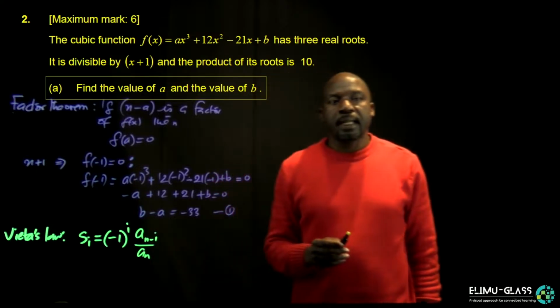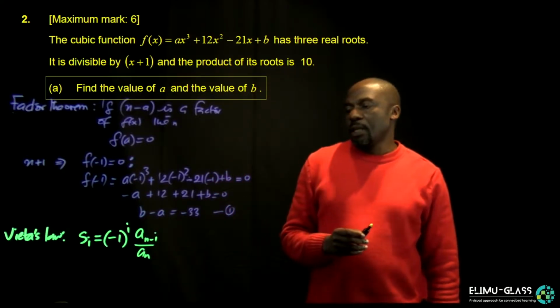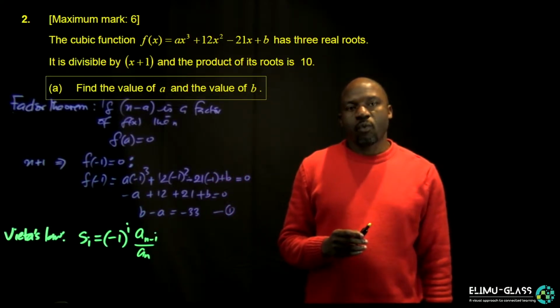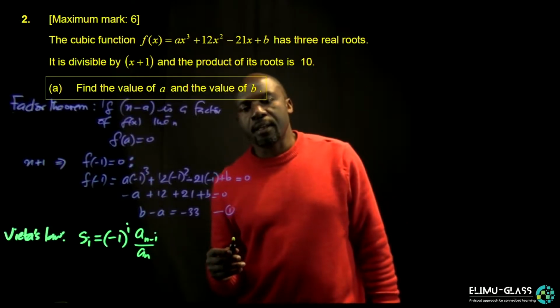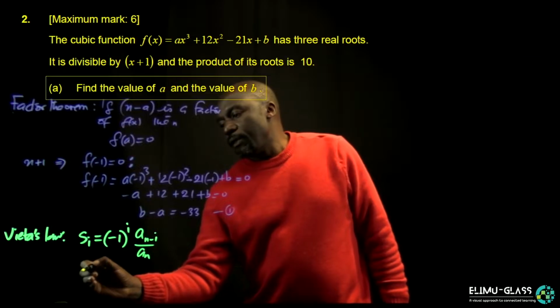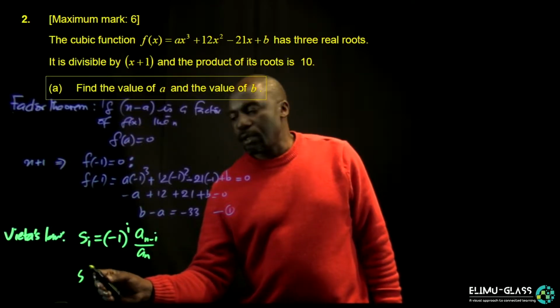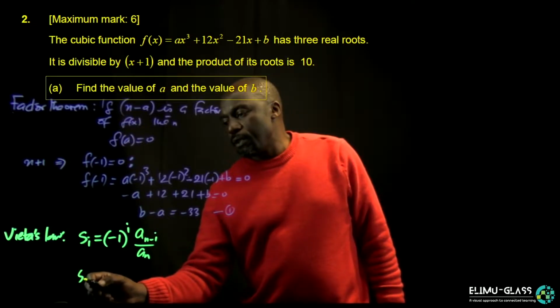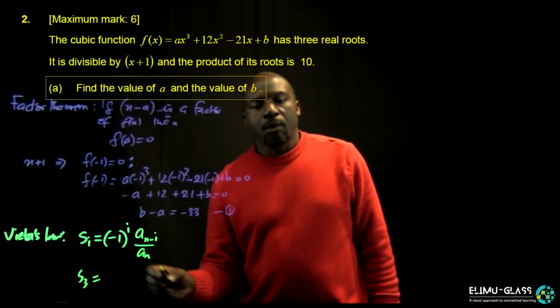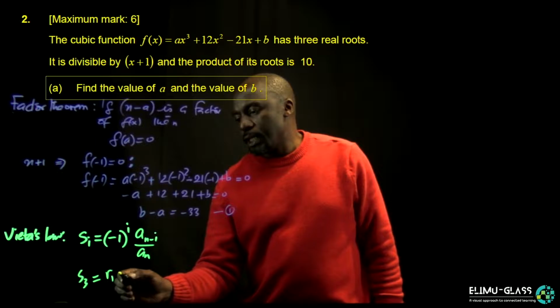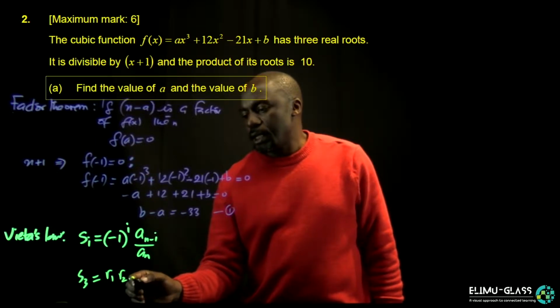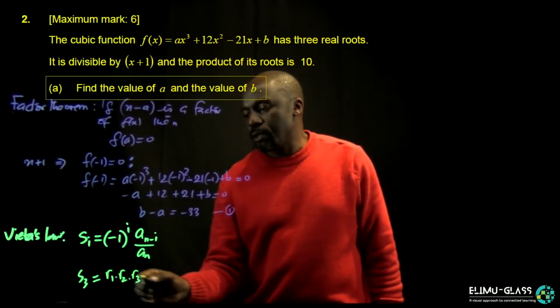So in our case, this is a cubic function, and we are looking for the product of roots, so we are looking for S3, really. Therefore, the product of the roots, that's S3, which should be equal to first root times second root times third root.